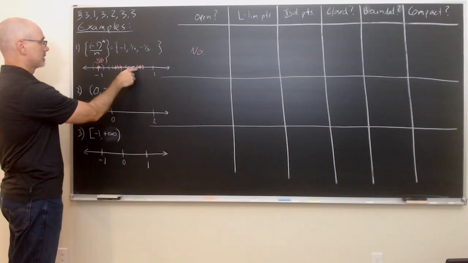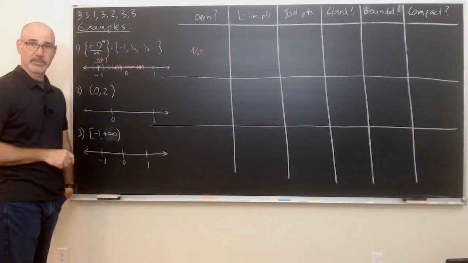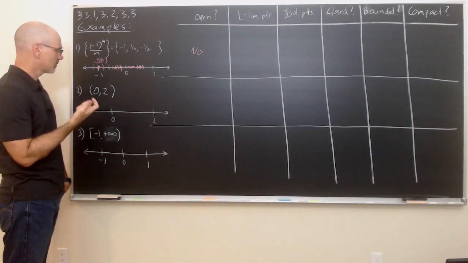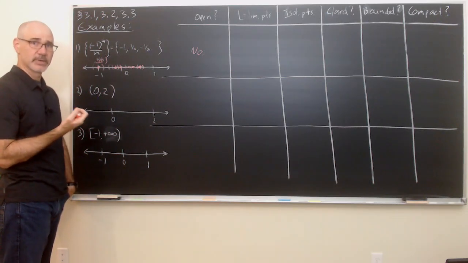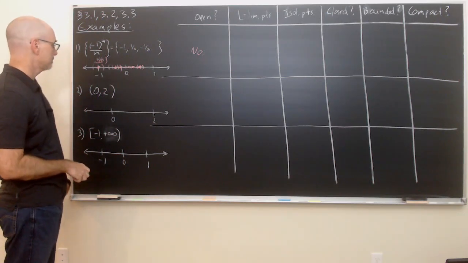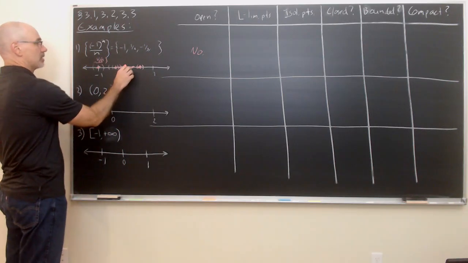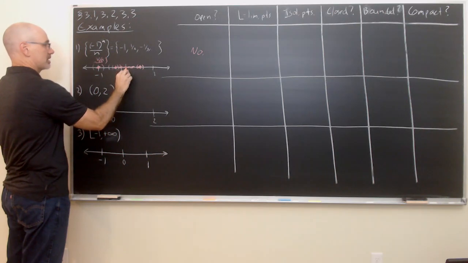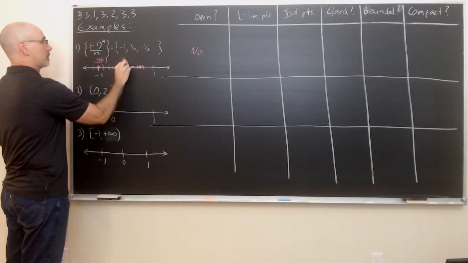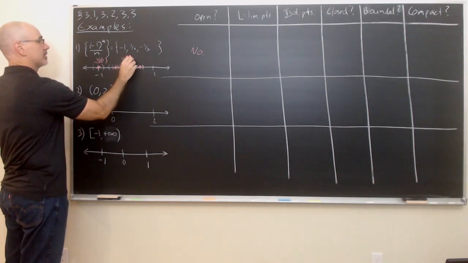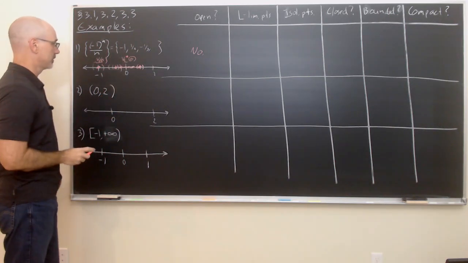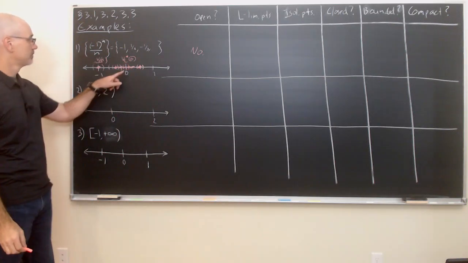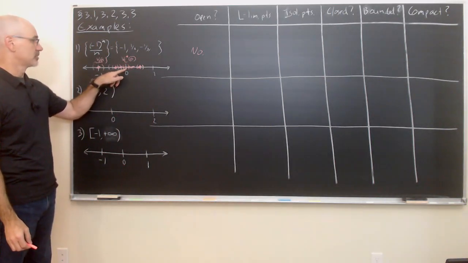And in fact, all of these points fail to be limit points. Anything that's in the set is its own distinct point, so you can find an epsilon neighborhood small enough that separates it from the rest of the set. The one point that's different is 0. So if we think about 0, and I take a deleted neighborhood around 0, then no matter how small I take that neighborhood, points from the set are going to drop into that interval.